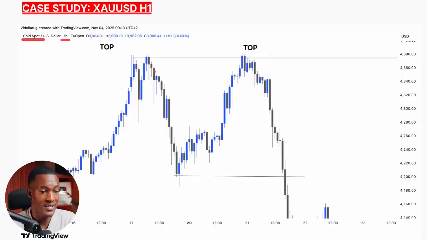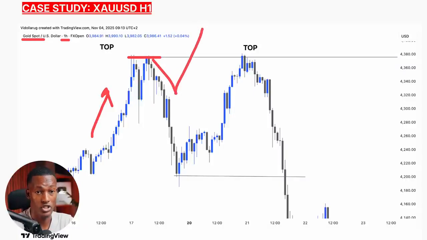So this is a clear example on gold, and as you can clearly see, the price was initially pushing to the upside and comes to form a high. Now in the first sense, I would think maybe the price is just pulling back down to later push up. You guys get that? But actually what happens is price pushes down and then pushes up, but fails to break the previous high, and yep, there we go, forms another high.